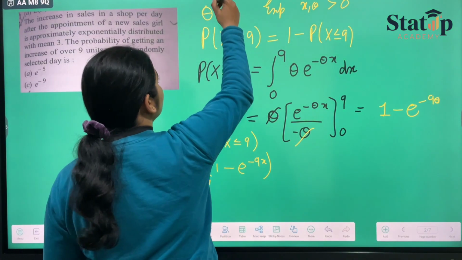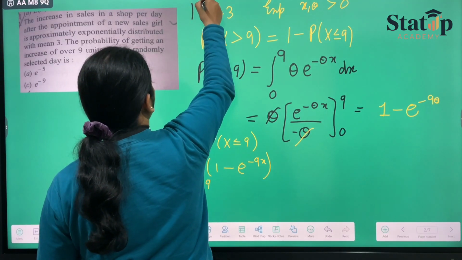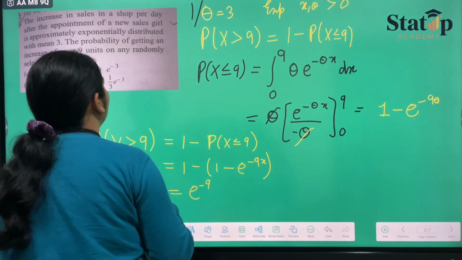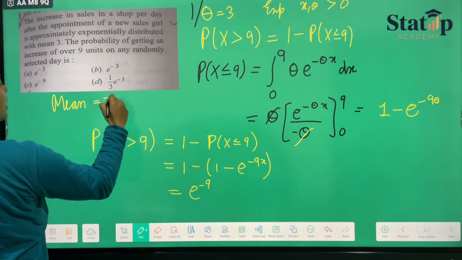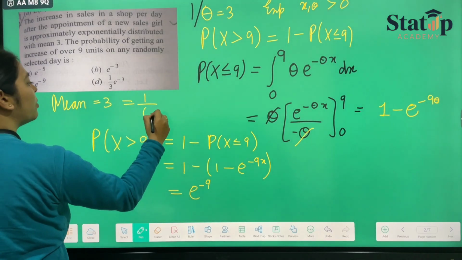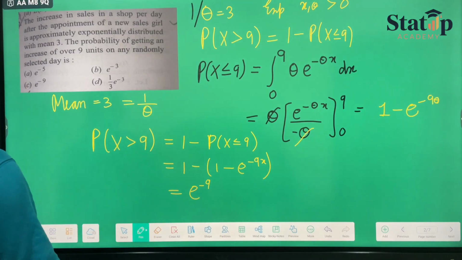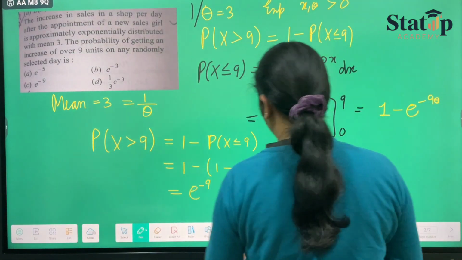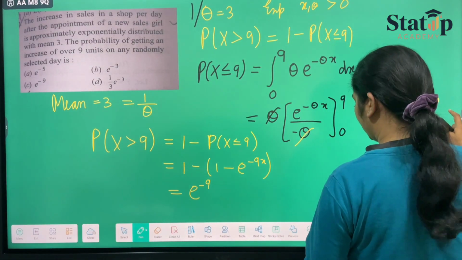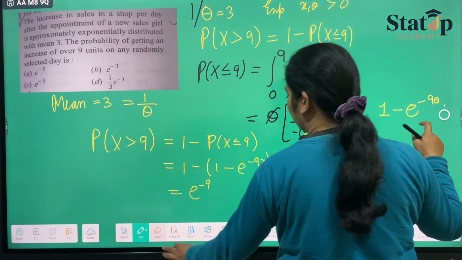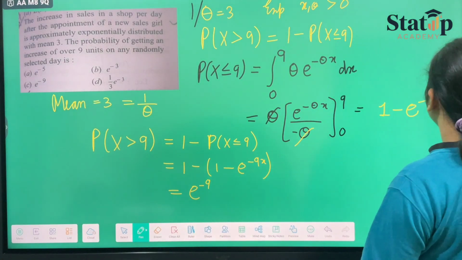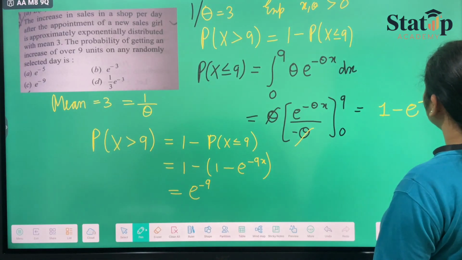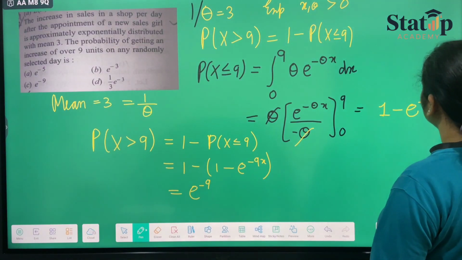Here one more thing is there: 1 upon theta is the mean, because they have given us mean equal to 3. Mean has the formula 1 upon theta, so here 1 upon theta is 3. So instead of writing theta here, we can directly write 9 into theta, which is equal to 9 by 3, which is 3.